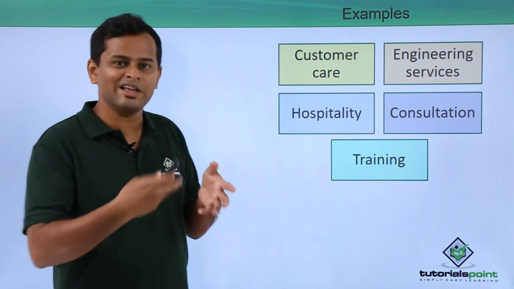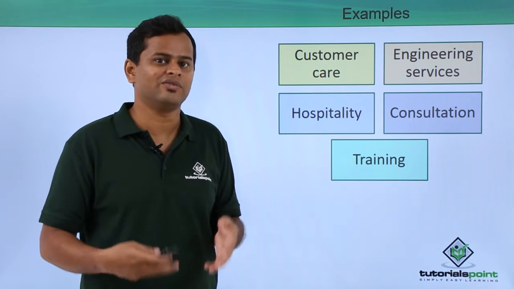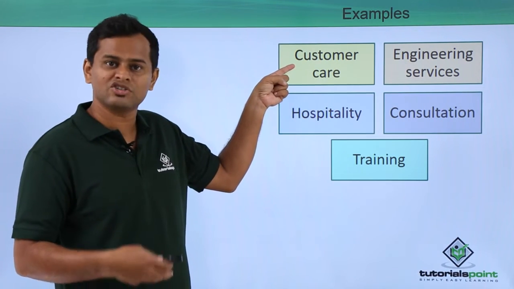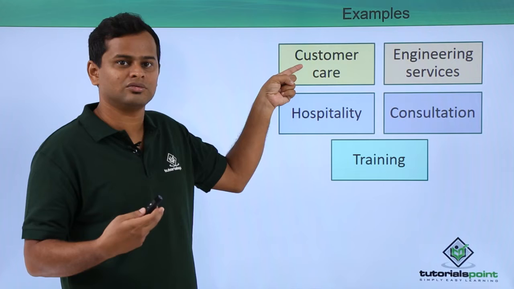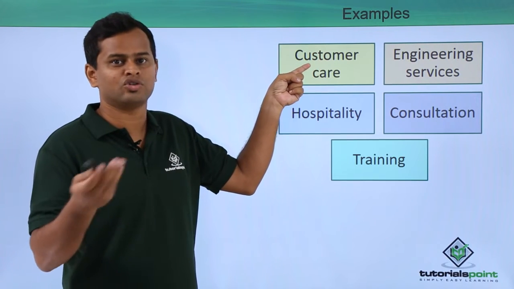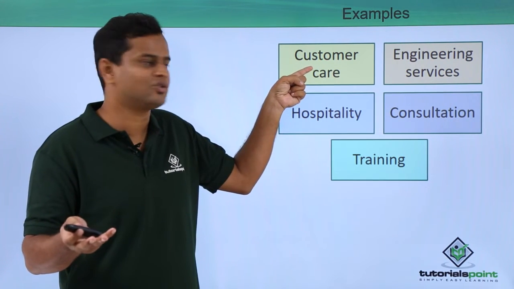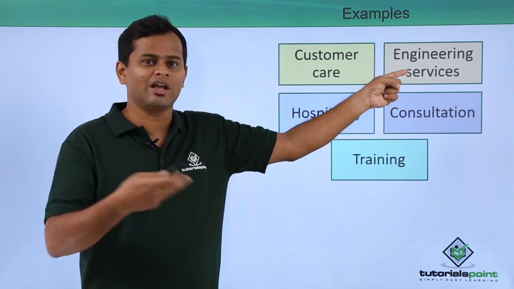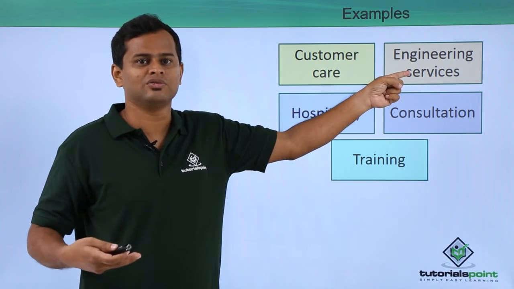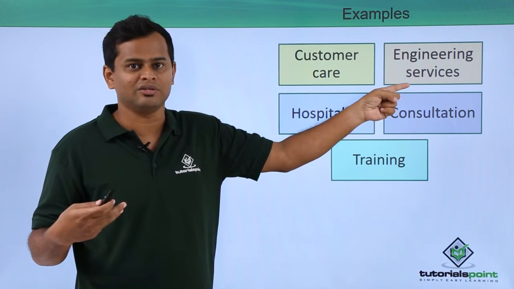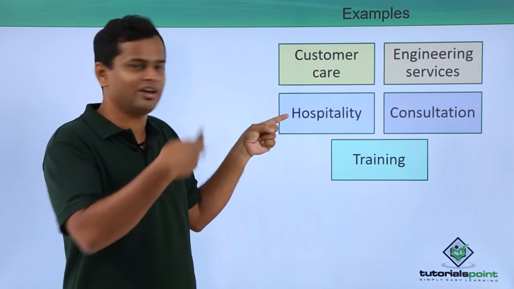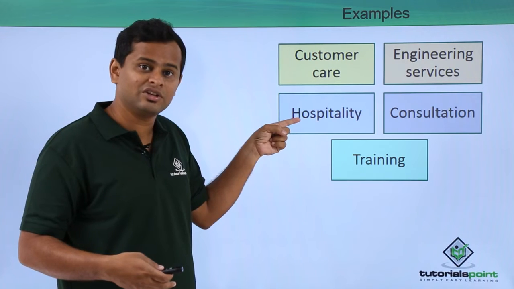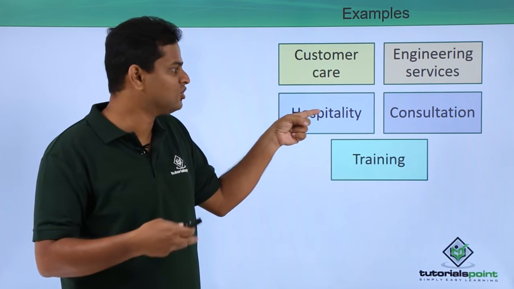These are certain examples of services that we have seen. It can be a customer care service that we see for mobile, automotive or electronics. Engineering services, that means there can be some R&D services that give a lot of drawings and technical specifications for their plants. Hospitality, it can be in restaurants or in hospitals.